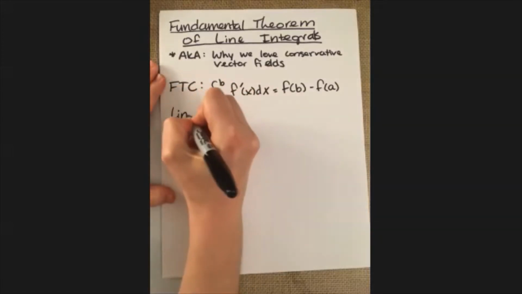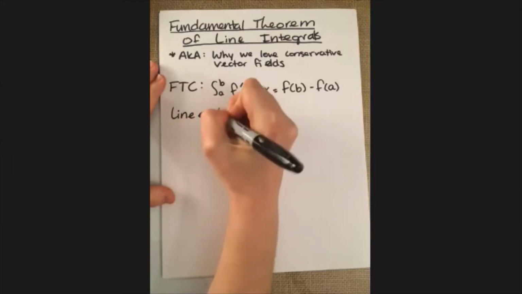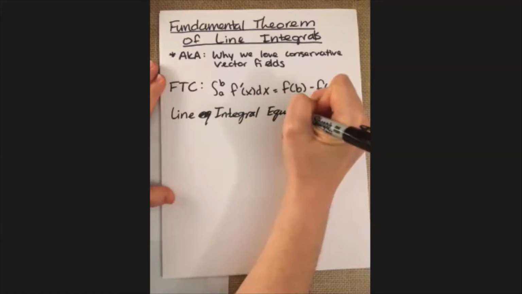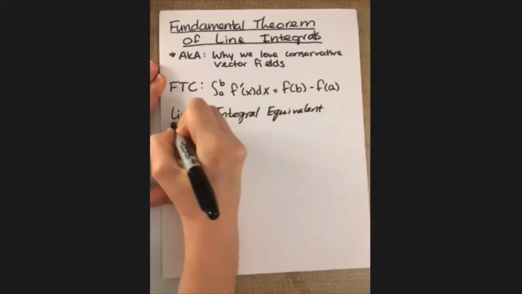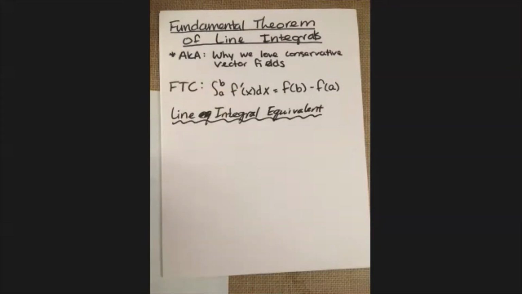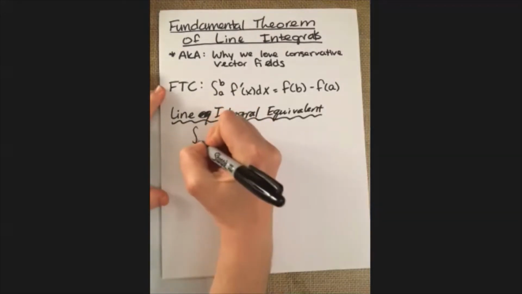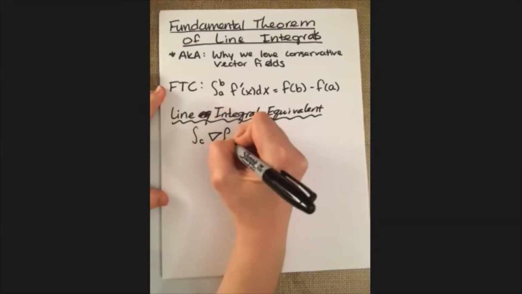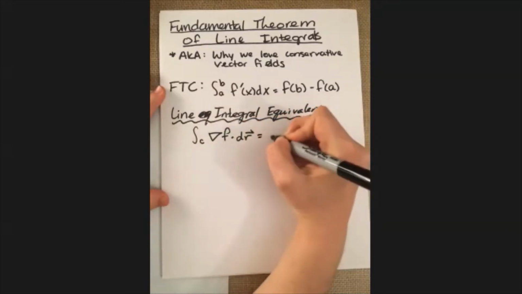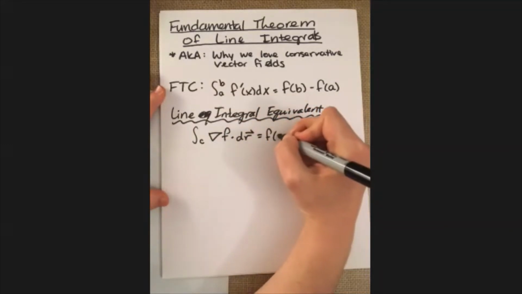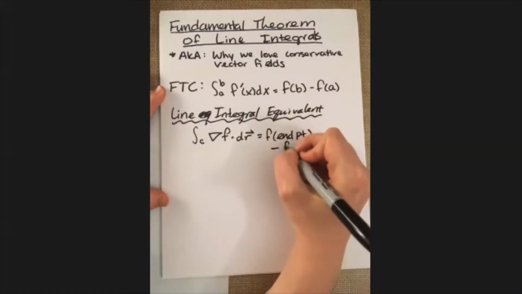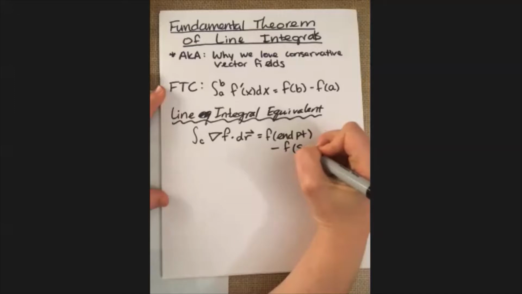So the line integral equivalence takes this idea of the derivative in the higher dimensions and tells us that the integral over a curve of the gradient of a function dotted with dr is equal to that original function evaluated at the end point of our curve minus f evaluated at the start point of the curve.